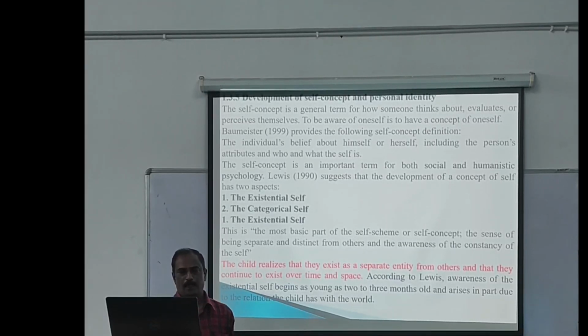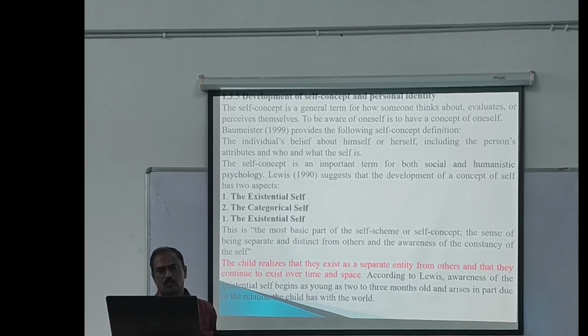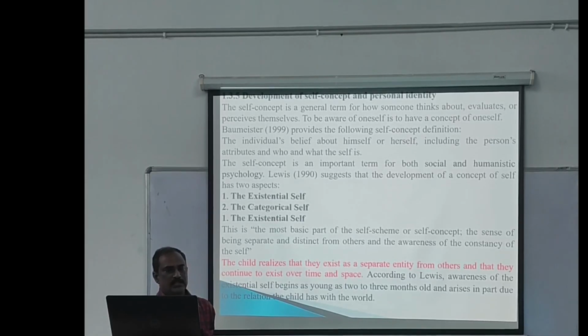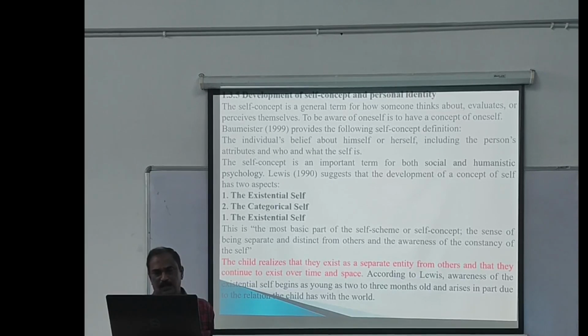And another definition we can also see, Lewis: the self-concept is an important term for both social and humanistic psychology. So, Lewis in 1990 suggests that the development of concept of self has two aspects.